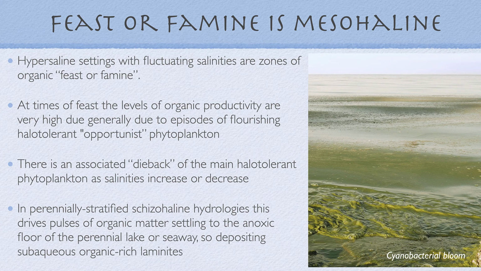But as salinities fluctuate and become too fresh or too saline for Arthrospira, there's an associated dieback both of the main halo-tolerant plankton biomass and of those things that are dependent on them, which in the case of the African Rift Valley lakes are the filter-feeding lesser flamingos.